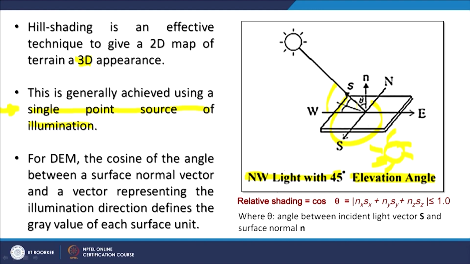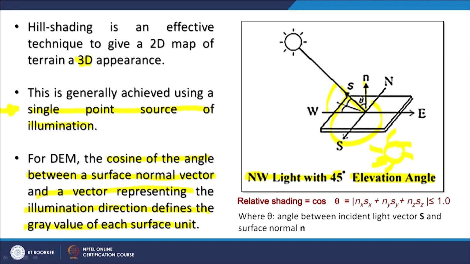So, how it works is that the cosine of the angle between a surface normal, as shown here, and a vector representing the illumination direction, like this one here, defines the gray value of each surface unit. This will define what the gray value should be, because when these gray values are different for different sloping surfaces, only then can you create a shaded relief model.